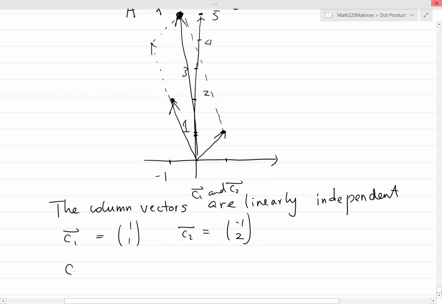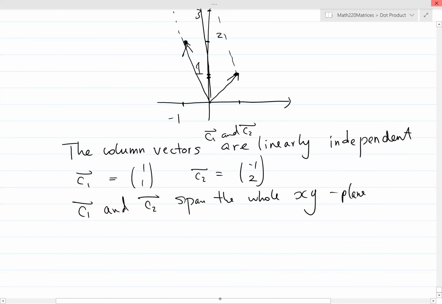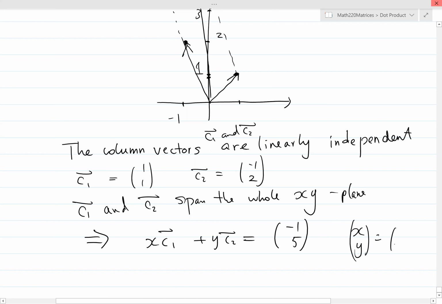C1 and C2 span the whole xy plane, the whole vector space. So there exists some linear combination, x times C1 plus y times C2, such that we get exactly (-1, 5). And then we check that x equals 1, y equals 2 actually works.